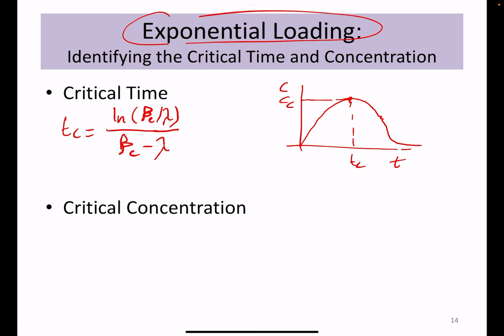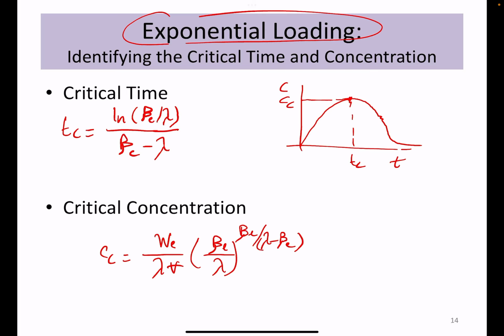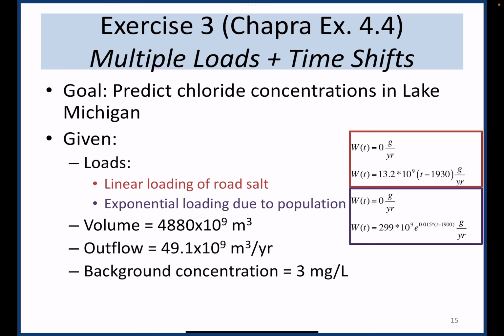If you want to find the critical concentration, that is the equation in the chapter, equation 4.21: the critical concentration is the loading for the exponential loading over lambda times volume, times beta, which is the slope of the line, over lambda, to the power beta over lambda minus beta. You could look at the book, equation 4.21 for the critical time and critical concentration. That's completely up to you to look at and understand, but you should know these equations.